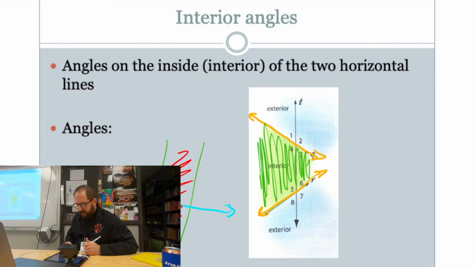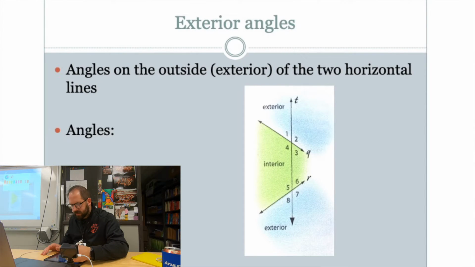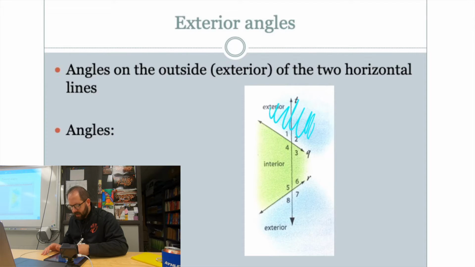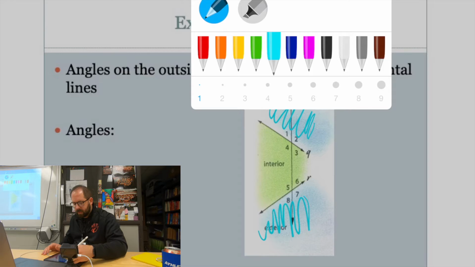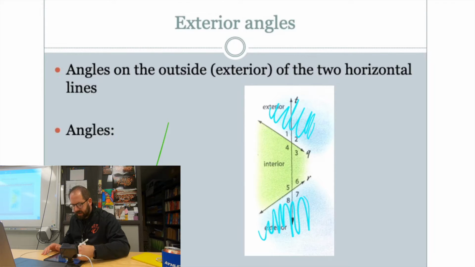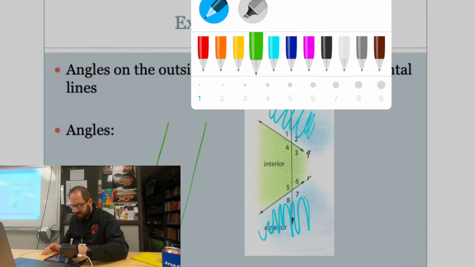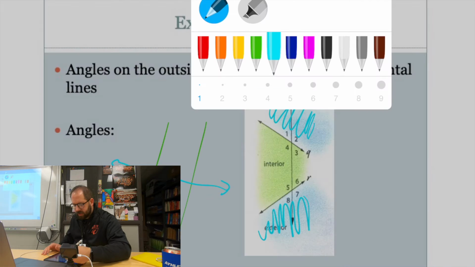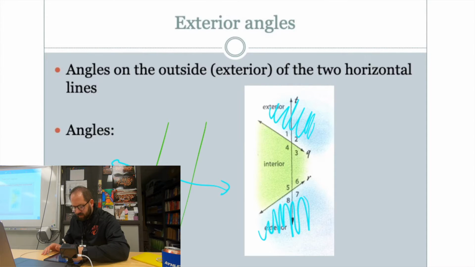Okay, now exterior, just like before, that's the parts on the outside. So on the outside of the sandwich, we have the exterior up and down. If I went to that same picture I did a little bit ago, I had the two lines going kind of like this, and that transversal cutting through it. The exterior on this picture is the parts on the outside of the sandwich.